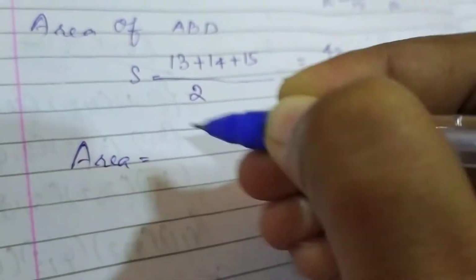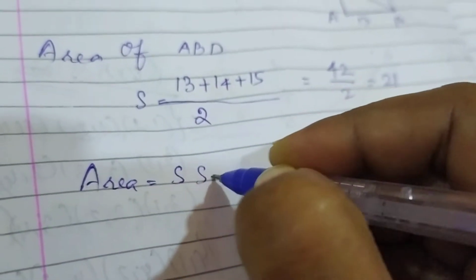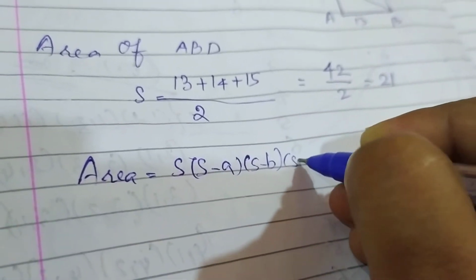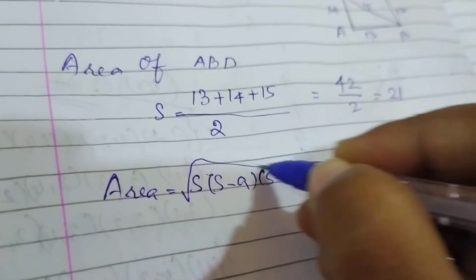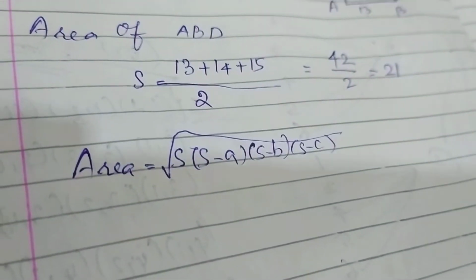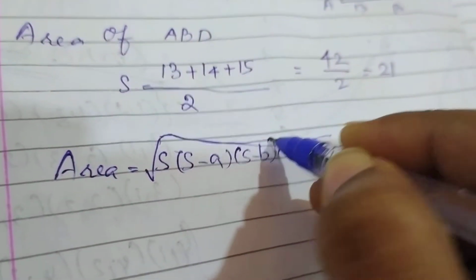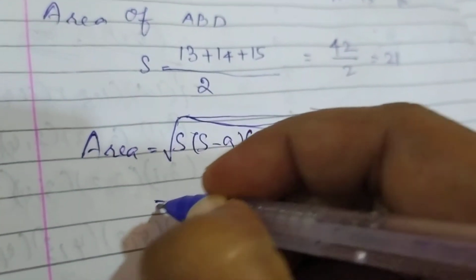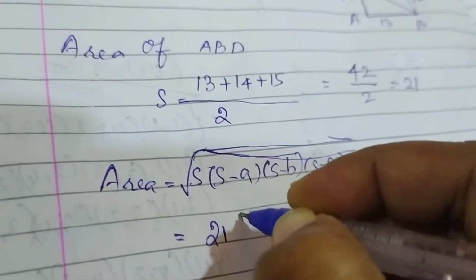So area is equal to root of S into S minus A, S minus B, S minus C. S is 21.